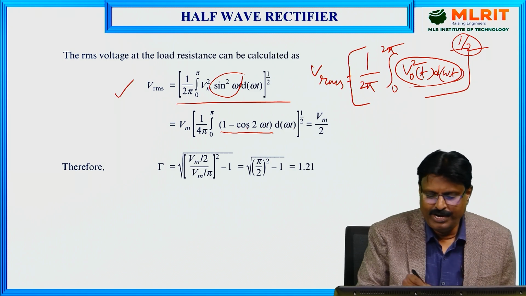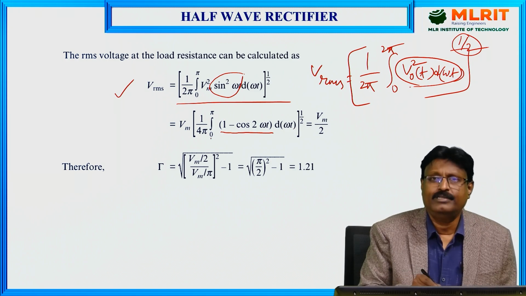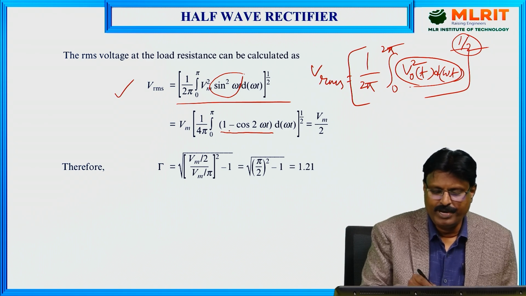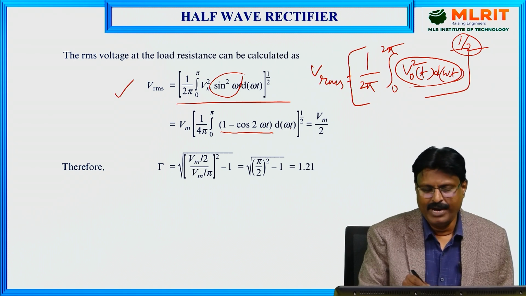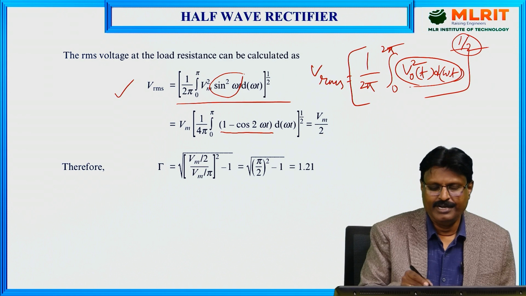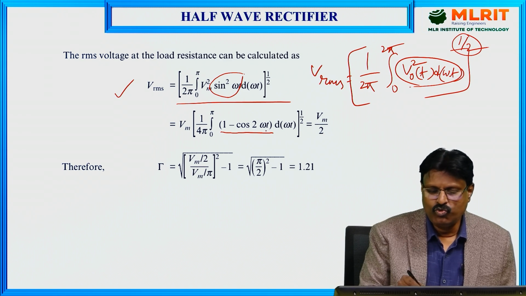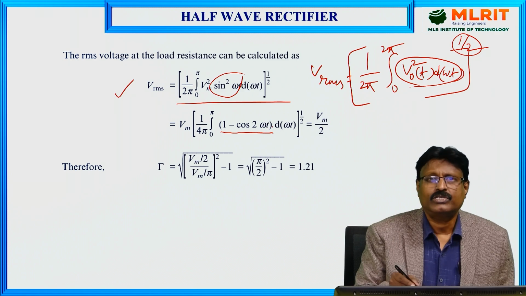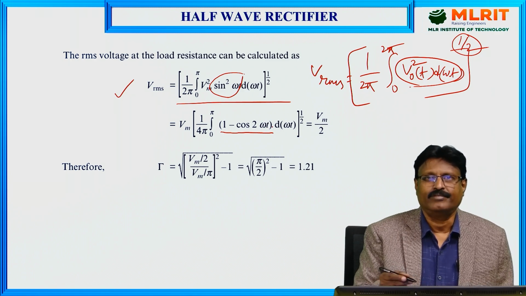If you separate this equation into two parts, the first part will be integral 0 to pi 1 into d of omega t, minus integral 0 to pi cos 2 omega t d of omega t.